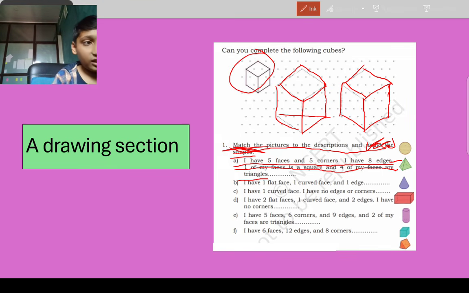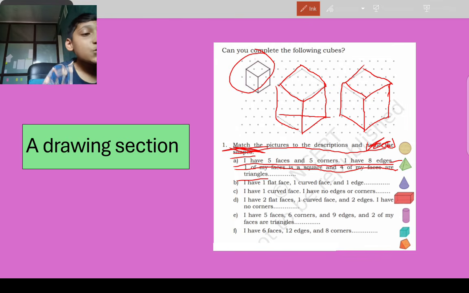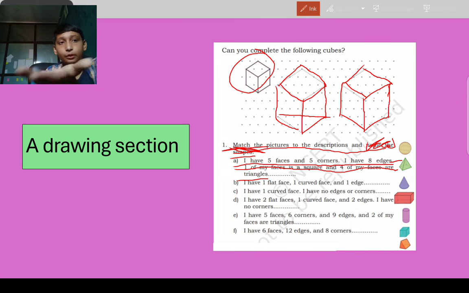So, I have one flat face at the bottom, one curved face at the top, and one edge. Of course, there's one.